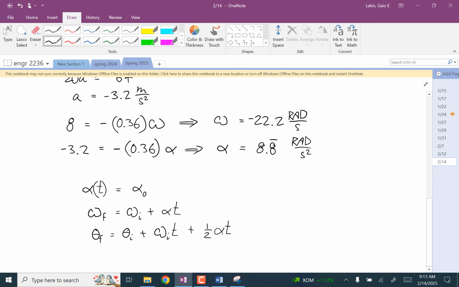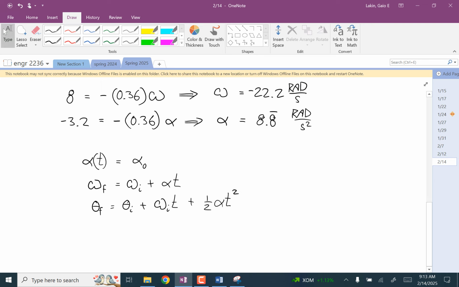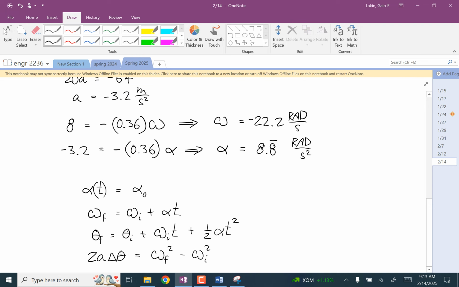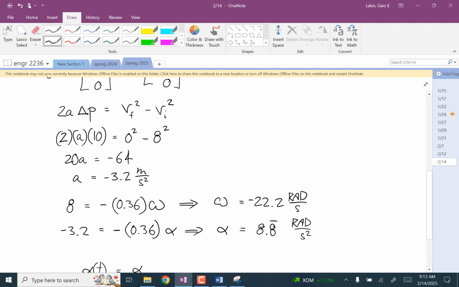All of these you recognize, they're the exact same form as the translational ones. And you'd get another one that said 2 alpha times the change in the angle is equal to omega final squared minus omega initial squared. And then you could calculate that initial angular velocity this same way.